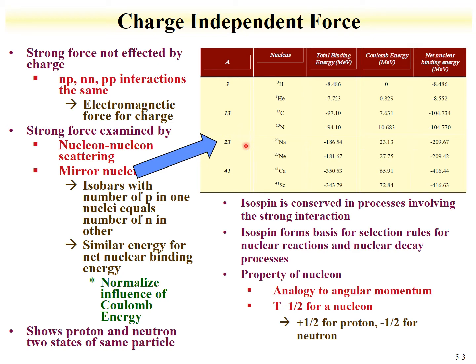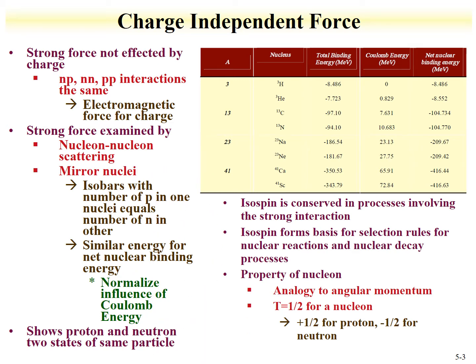So for instance, if we look at A equals 23, we can have sodium-23 and neon-23 as mirror nuclei. As you can imagine, you can evaluate mirror nuclei for only fairly low A. As you go higher in A, you couldn't get a nucleus with more protons than neutrons.